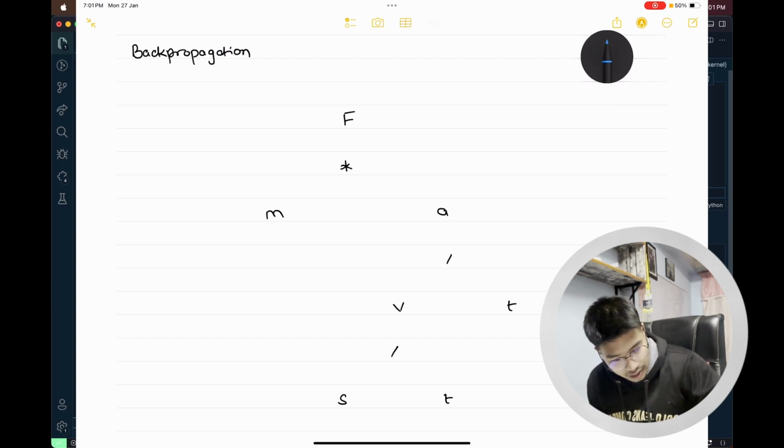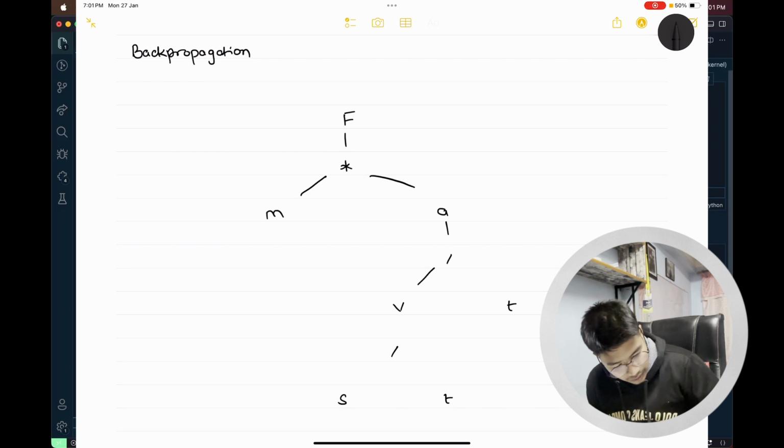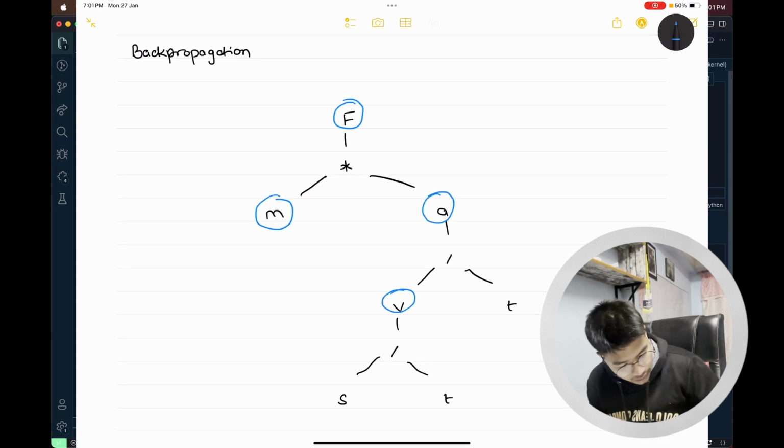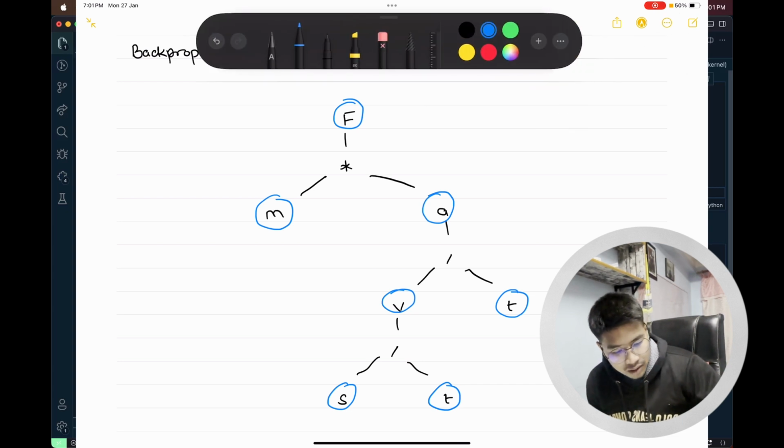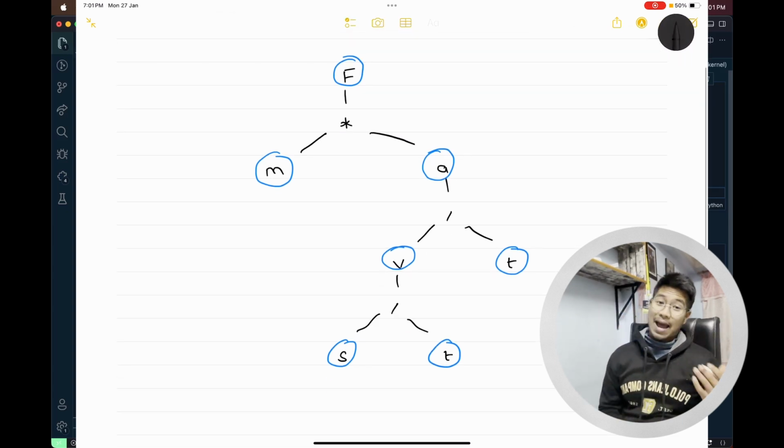Let's use this color over here. I represent all of that, and I'm going to represent my nodes using blue. So over here, there you go, this and this.